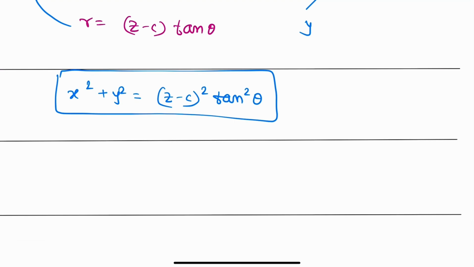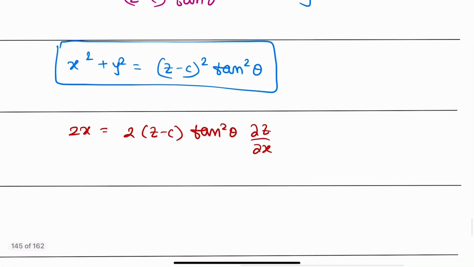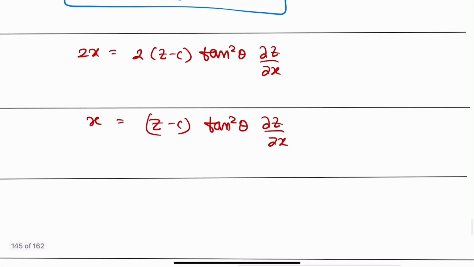So first, partially differentiating with respect to x, we get 2x equals 2 into z minus c tan square theta into dou z by dou x. Okay, which gives us x equals z minus c tan square theta dou z by dou x. Let us say this is our 1.